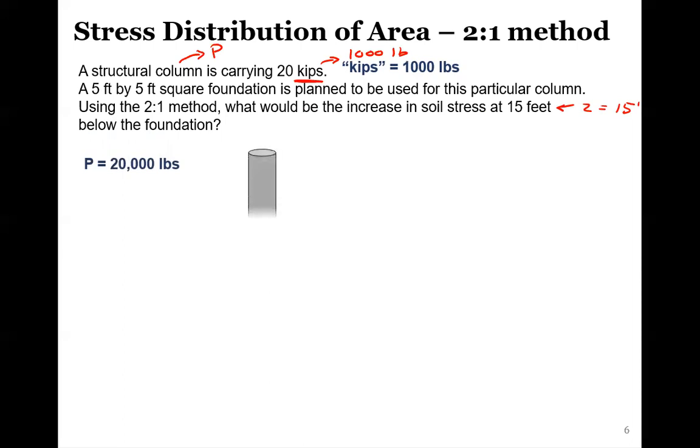This is our column. Instead of just going straight into the soil, we need to distribute this load laterally, or horizontally, across a footing. This B is equal to L since we have a square.